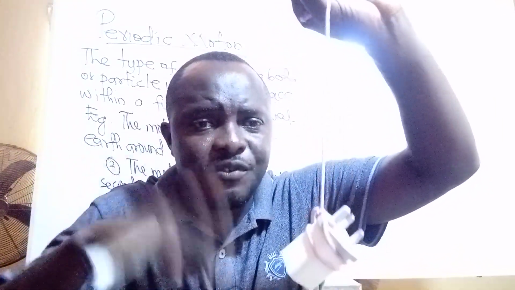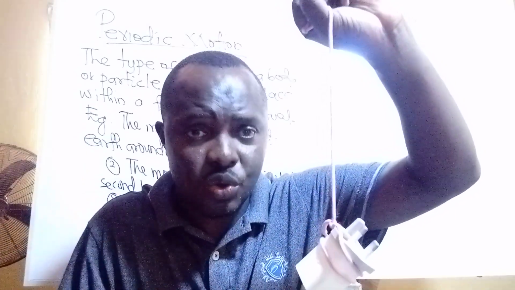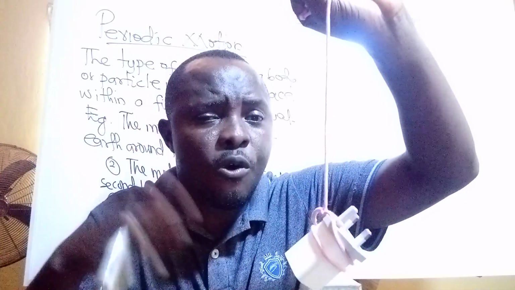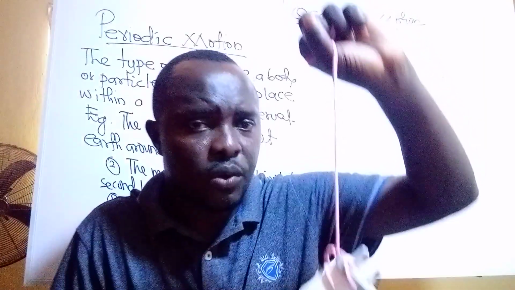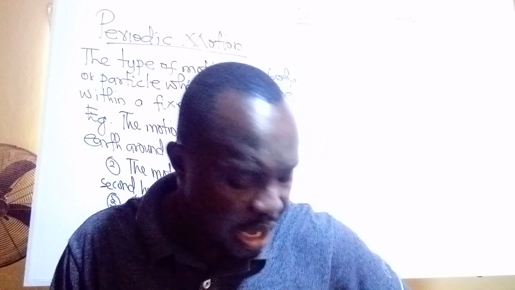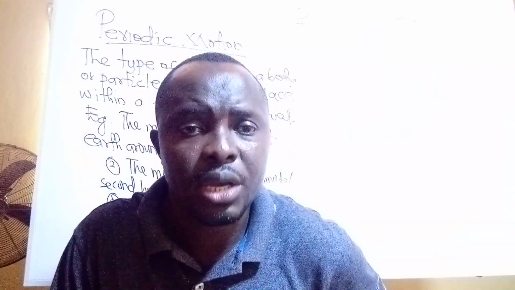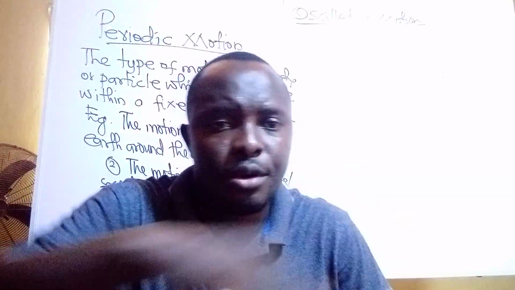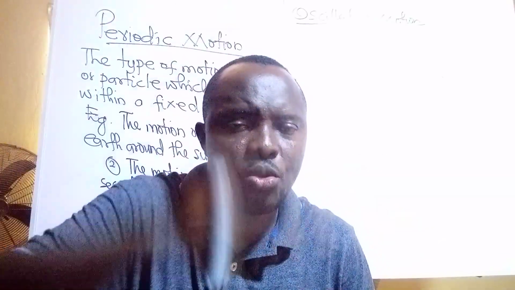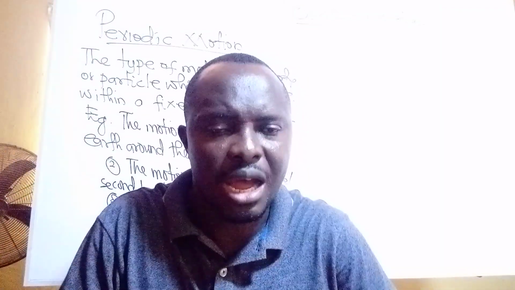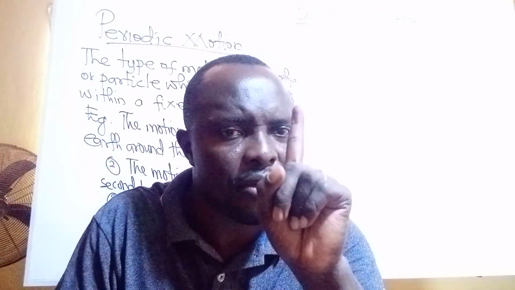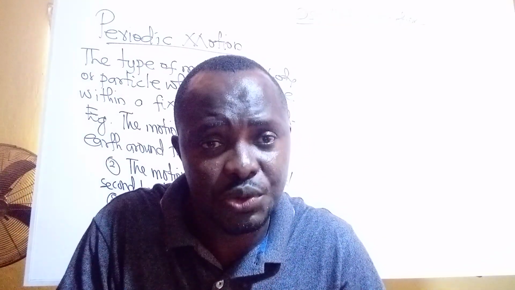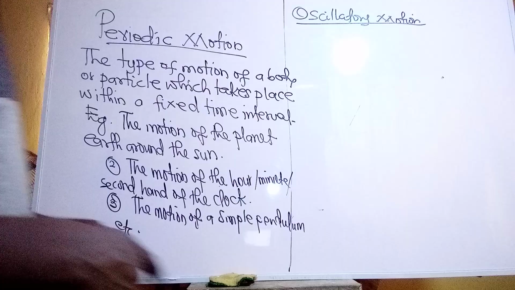But vibration is also an oscillation. The difference is that vibration is usually so fast. Is that okay? All right. So any body or mass that undergoes a repeated to and fro or back and forth motion around a fixed point or around an equilibrium position is what we call oscillatory motion. All right, so the definition.